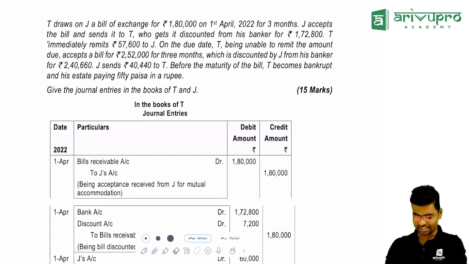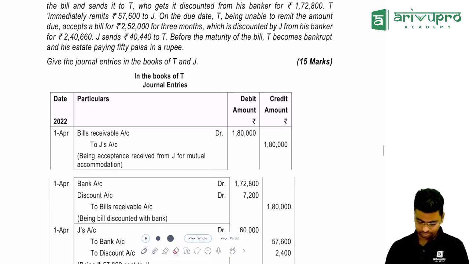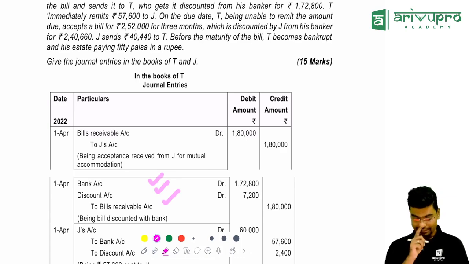So it will be bills receivable to J. T gets it discounted from the bank for 17. Bank account, discount account to. On the due date, T is unable to remit the amount, and he accepts a new bill for 3 months.